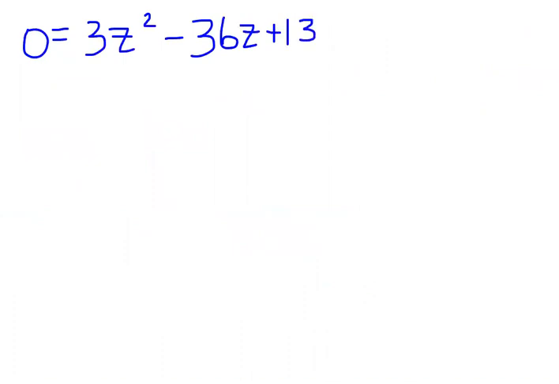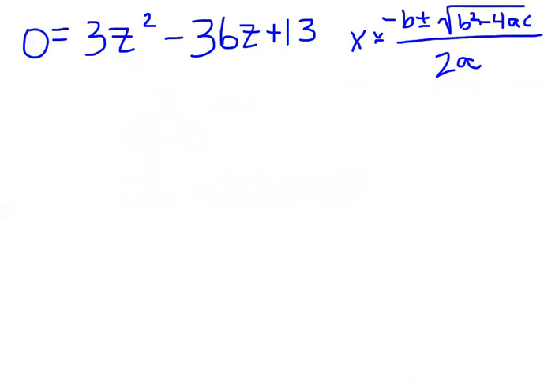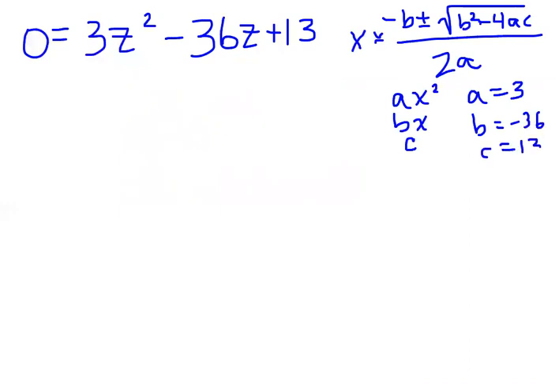If you recall the quadratic formula, it was x equals, but in this case it'll be z equals negative b plus or minus the square root of b squared minus 4ac, all over 2a, where a was the coefficient on x squared, b was the coefficient on x, and c was the constant that was added or subtracted. Just make sure you pull the right signs with those. In this case, a will be 3, b will be negative 36, and c will be positive 13.